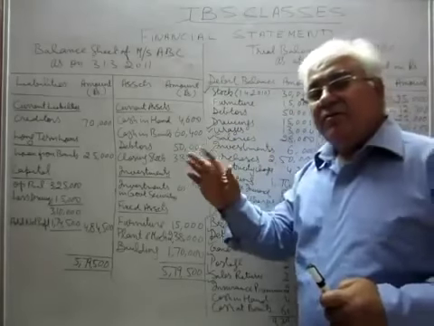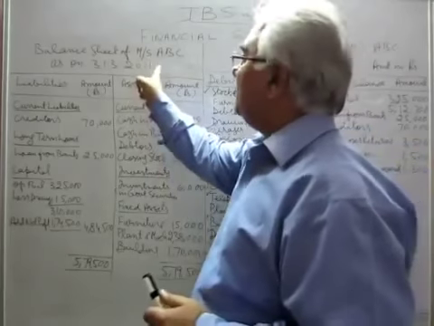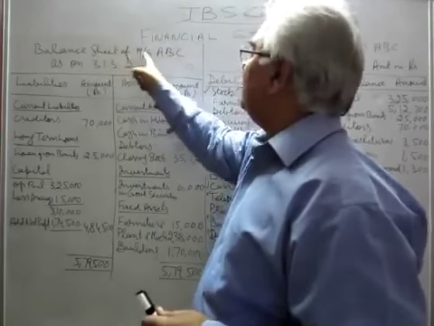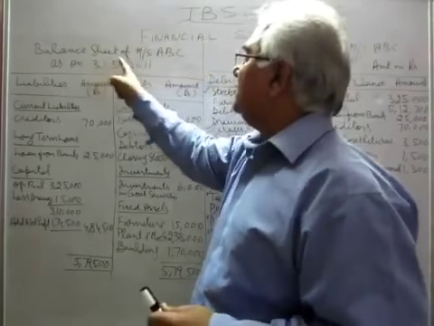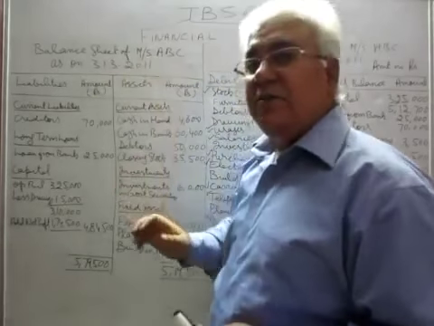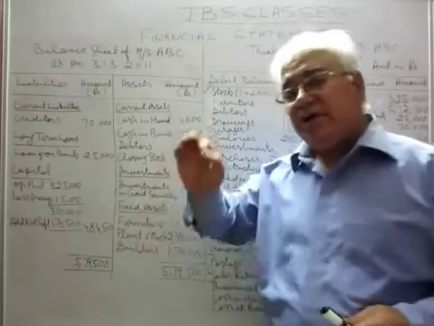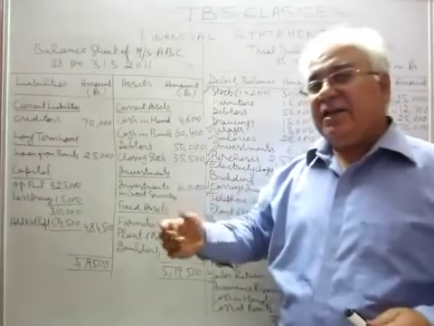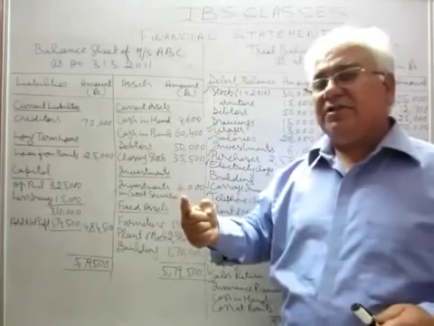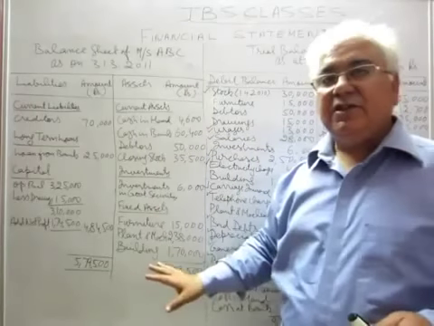Let me tell you, a balance sheet is always on a particular date, like the balance sheet of Messrs ABC as on 31/3/2011. That means this is on a particular day. The next day, even a single transaction will change this balance sheet.